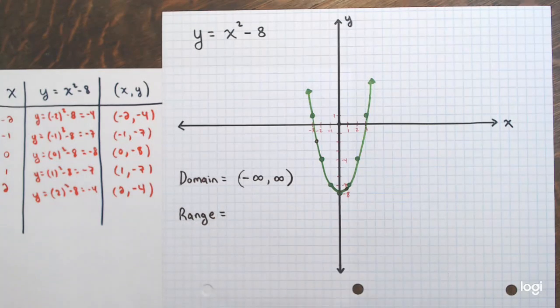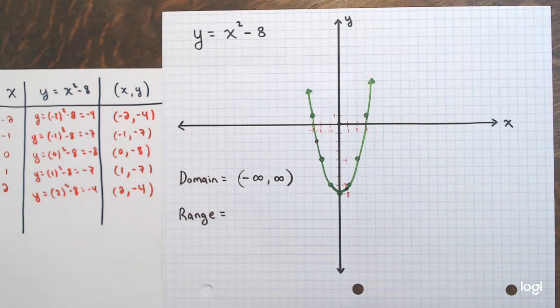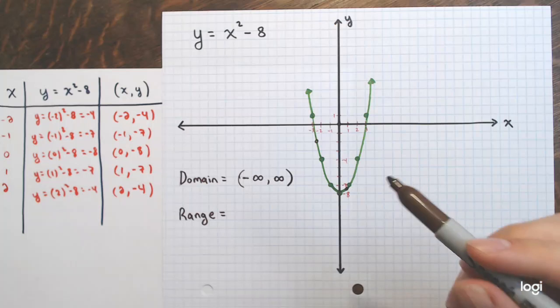All right, now it's the range that's different this time. The range, remember, we're looking at y coordinates, y values. So what values on the y-axis actually depend on values from the x-axis? What y values on the y-axis are actually y values of points on the graph?